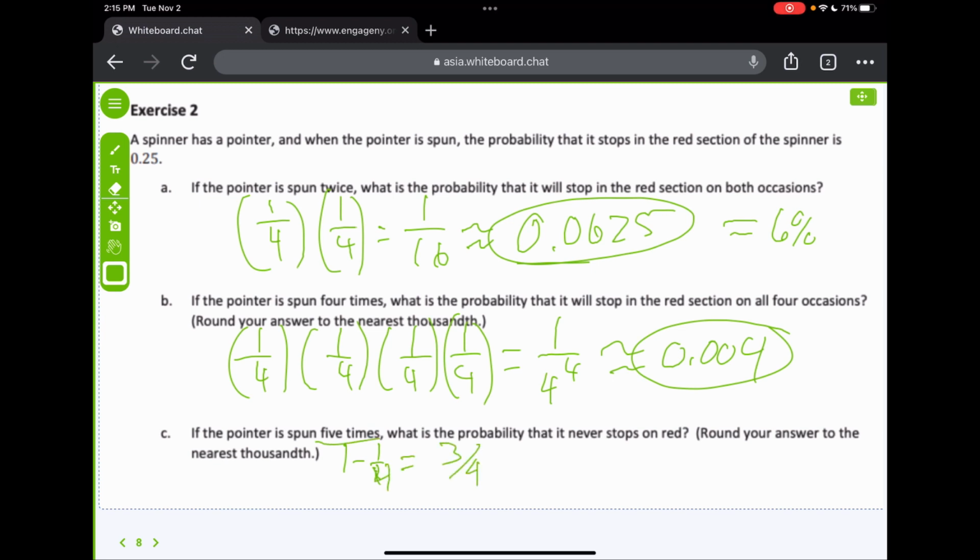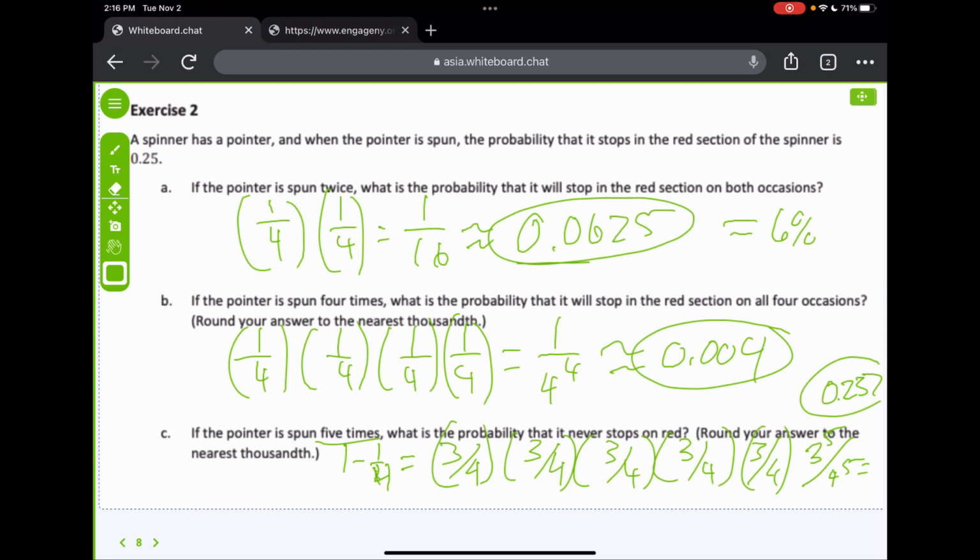And it's going to be spun 5 times, so we're going to multiply that together 5 times, which is the same thing as saying 3 to the 5th power over 4 to the 5th power, which is about 0.237.